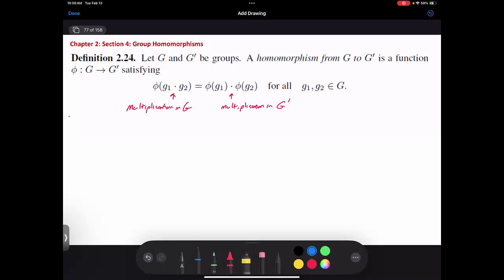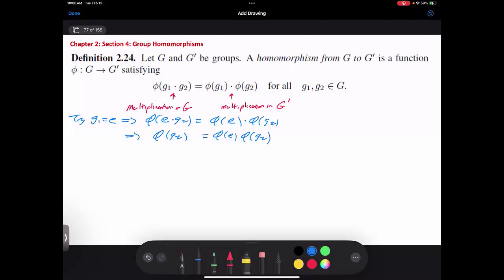So let's try G1 equals E. Then we would get phi of E dot G2, and we're going to be extremely pedantic, is going to be phi of E times phi of G2. Now, what is E dot G2? If I take any element and I multiply by the identity, what do I get? That element. So this is the same as phi of G2 equals phi of E, phi of G2.